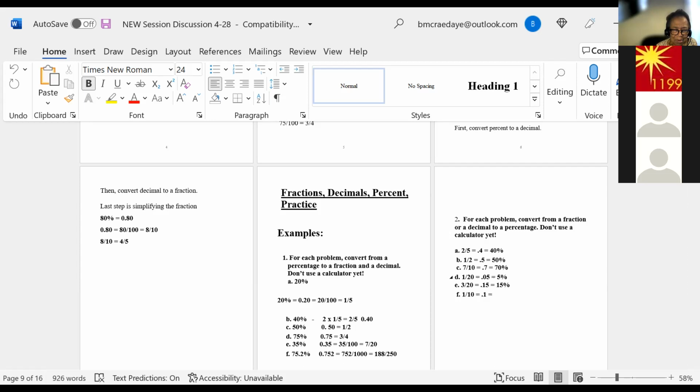You're moving your decimal point 2 places to the right, or multiplying by 100. 1/10 is what percent? What's 1/10 of 100? 10%.